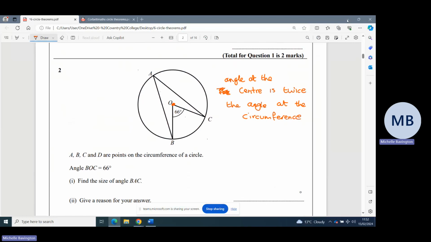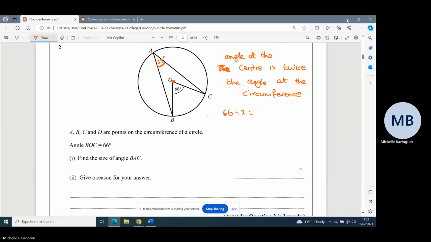So here's the center. Here's the angle at the circumference. Yeah, kind of opposite it. So 66 divided by 2 equals 33 degrees. So I've given my reason, and I've shown my working out. Equals 33 degrees.